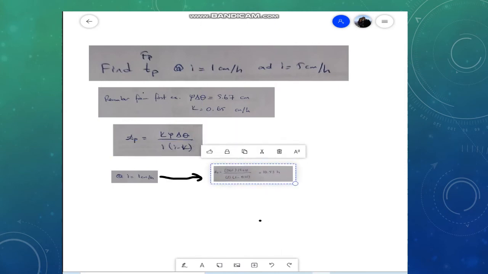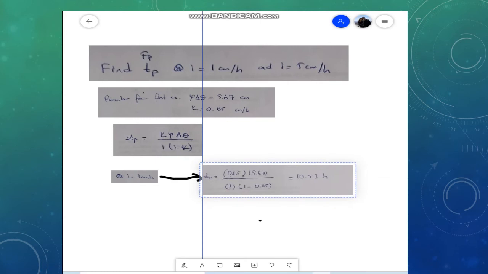So when we apply 1 centimeter per hour intensity of rainfall, we just need to apply hydraulic conductivity 0.65 multiplied by 5.67, which is psi delta theta, over 1 minus 0.65, which is 10.53 hours.